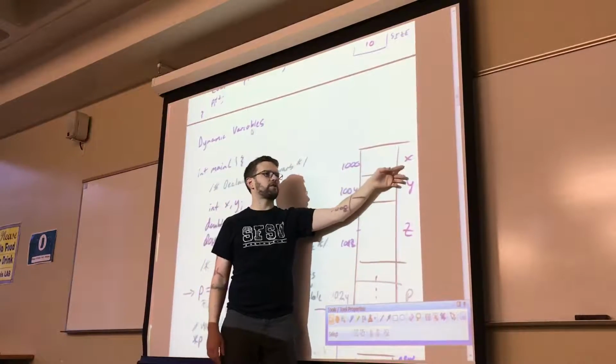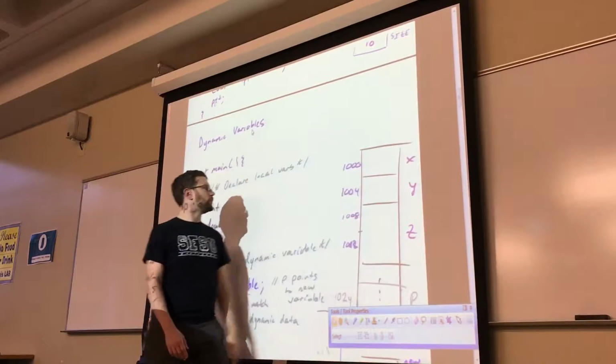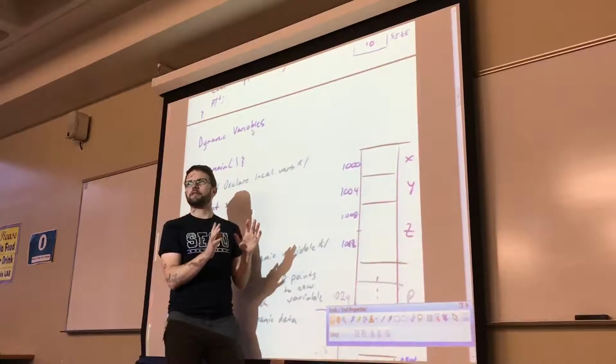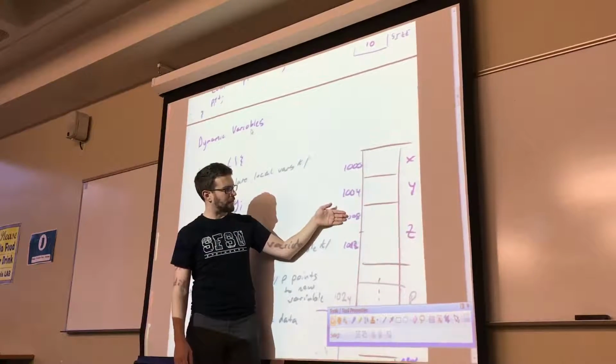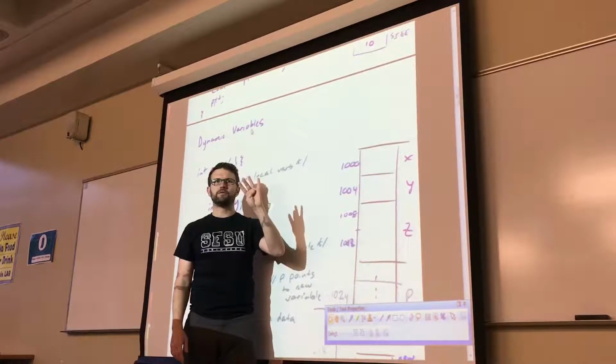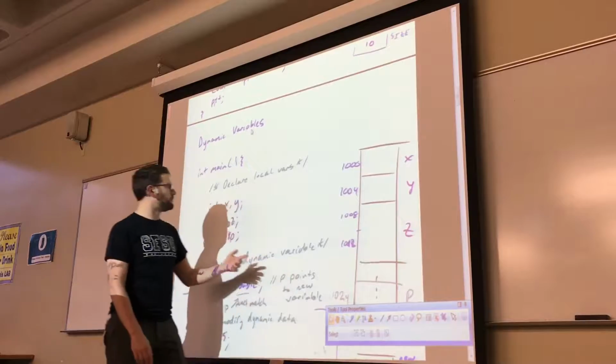Let's say, for discussion's sake, x lives at 1000, y lives at 1004. Z is a double, so it's 8 bytes in size. So it lives at memory locations 1008 and 1012, both of them. It takes up 2 4-byte blocks. Okay with that? And then your pointer lives somewhere else.